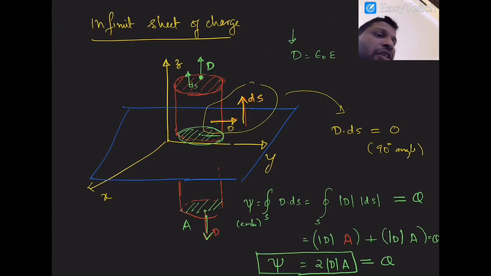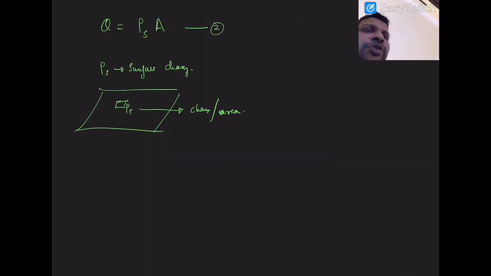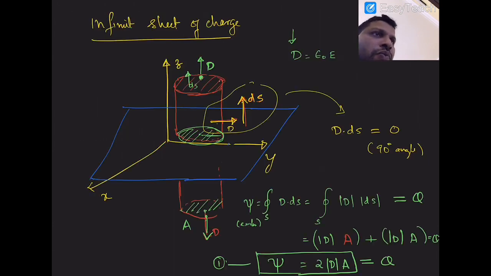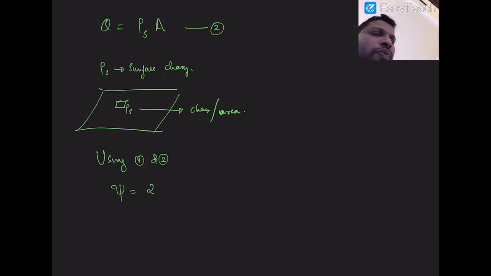Now I can take these equations. Let's say this is equation 1 and this is equation 2. So using 1 and 2, we get psi equal to 2 into D into A, and this will be equal to the total charge.